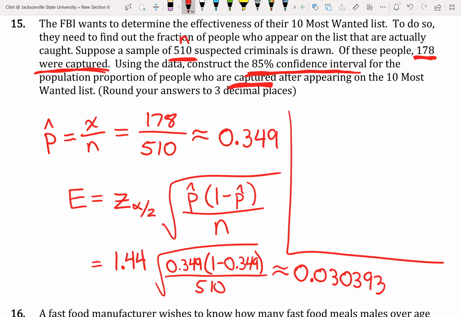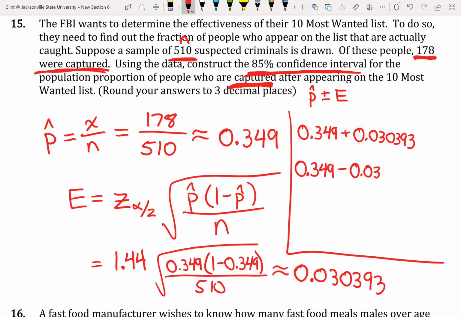And let's make some room here. So then we take p hat, and we're going to add and subtract the margin of error. So 0.349, you treat p hat just like x bar, plus 0.030393, and then 0.349 minus 0.030393. Let's see what we get.